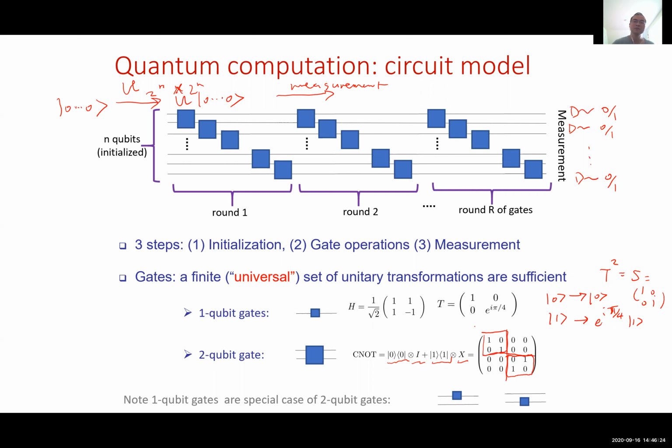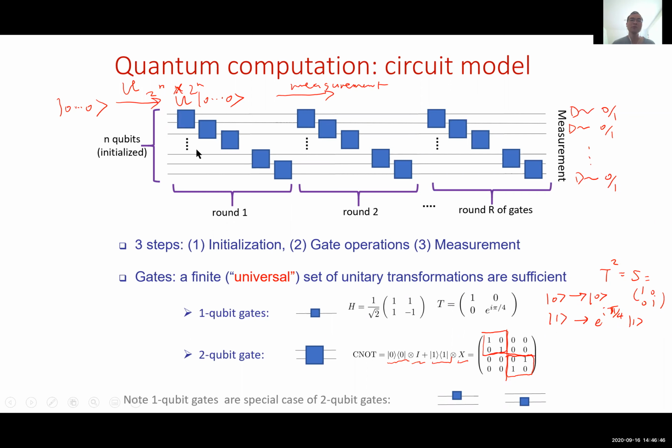So the upshot is that you only need these 3 gates that can be applied anywhere. The CNOT should be applied between any 2 lines, but this can be reduced just to nearest neighbor lines by swap.